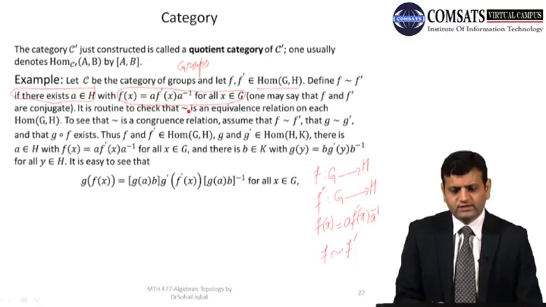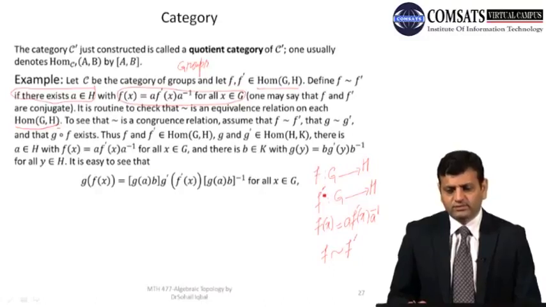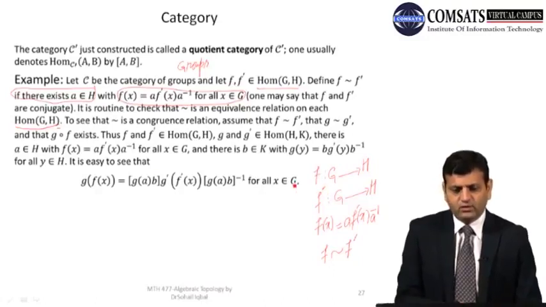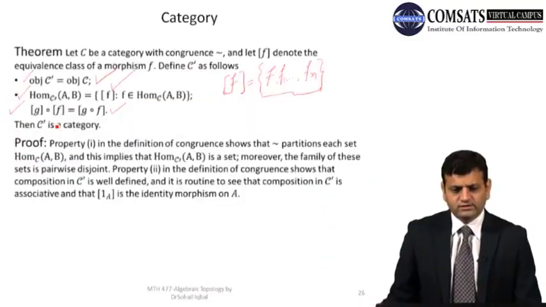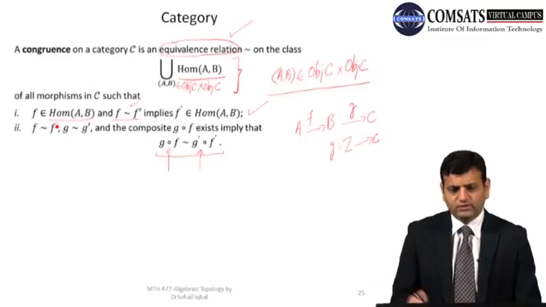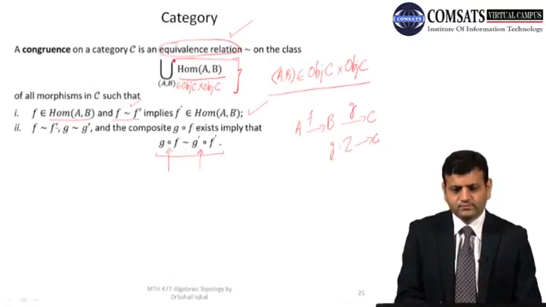It is routine to check that this is an equivalence relation on this set. Similarly, we can define a Hom on other sets, and then we can take the union. So let's go back to the congruence definition. I should have an equivalence relation on this set.